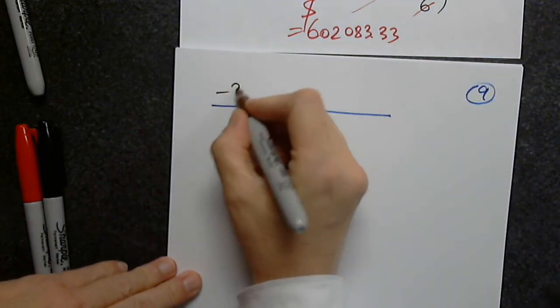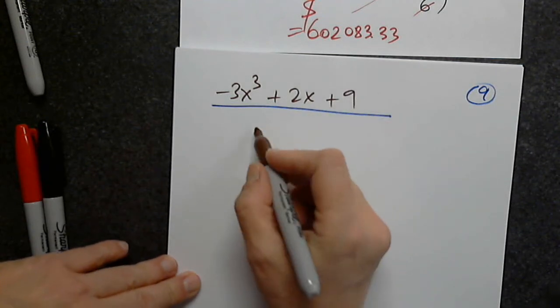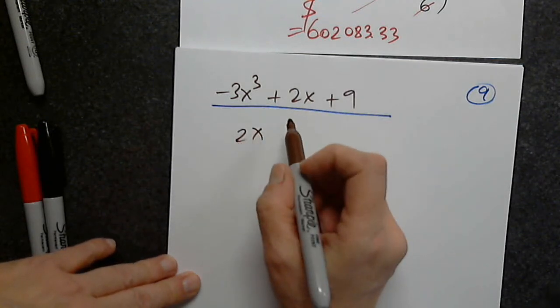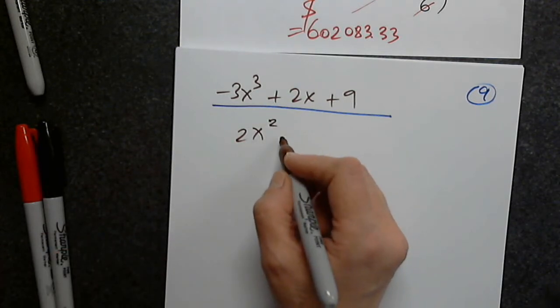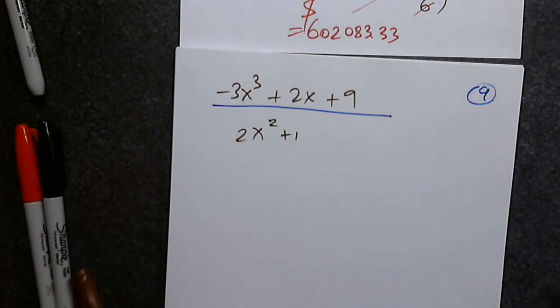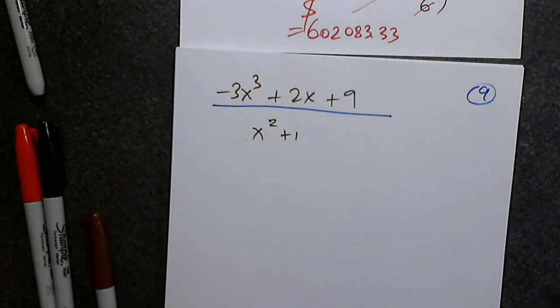Okay, negative 3x cubed plus 2x plus 9 over x squared plus 1. I'm going to erase the 2 because we're going to have fractions. Okay, will this function have a slant asymptote, by the way? Yes.